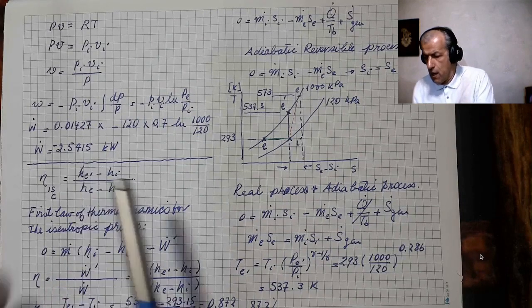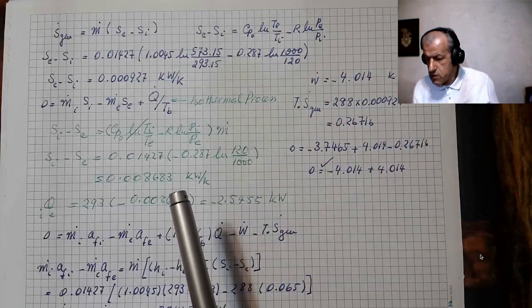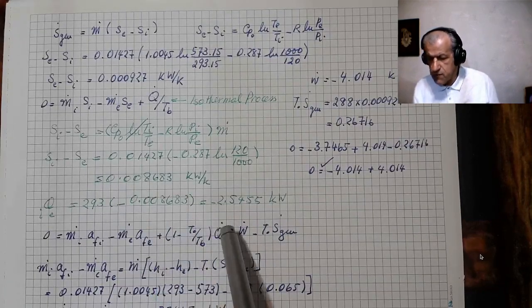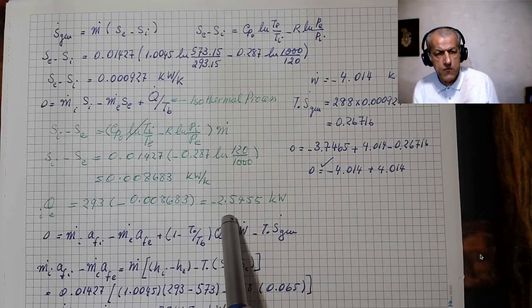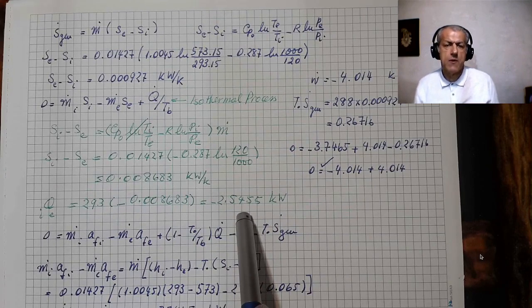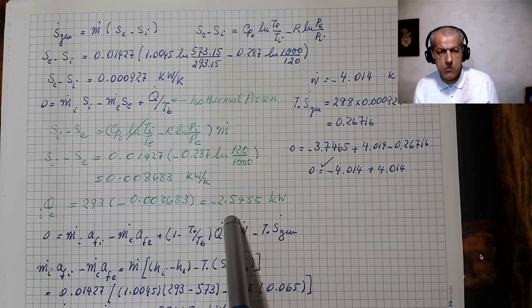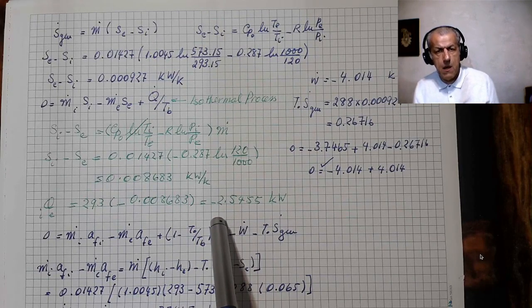Later, I moved to the second law and managed to calculate heat transfer to be 2.5455. The two were calculated from different equations, not from the same equation, but the values are pretty close.